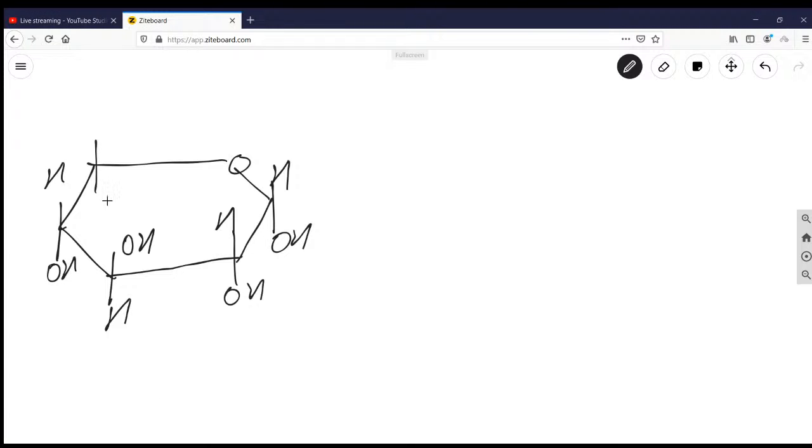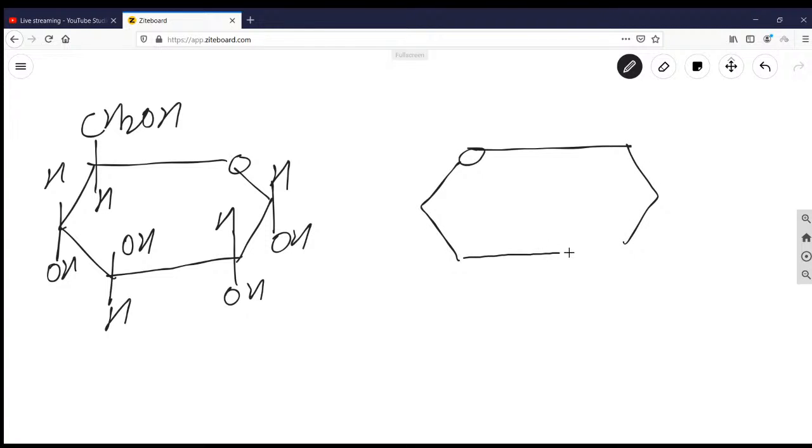So this one is alpha D glucose, and if you add another alpha D glucose, means now just rotate it, so that the first carbon comes this side. So I have rotated it.